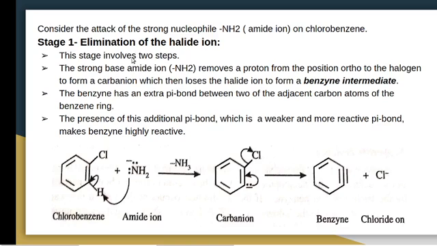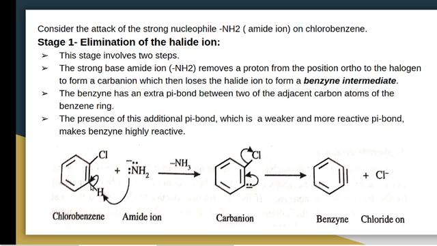This stage involves two steps. That means the strong base amide ion NH2- removes a proton from the position ortho to the halogen to form a carbanion, which then loses the halide ion to form the benzyne intermediate. So in this case, the strong base amide ion removes a proton from the position ortho to the halogen.